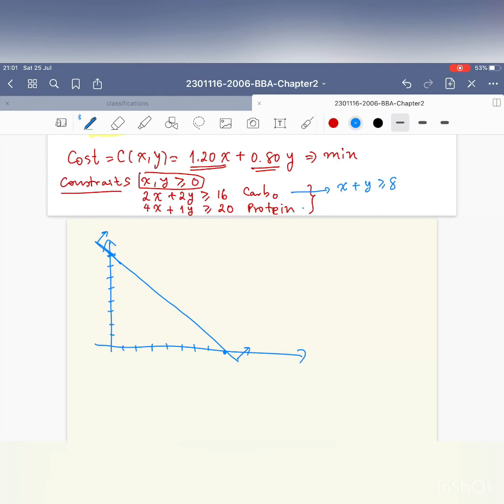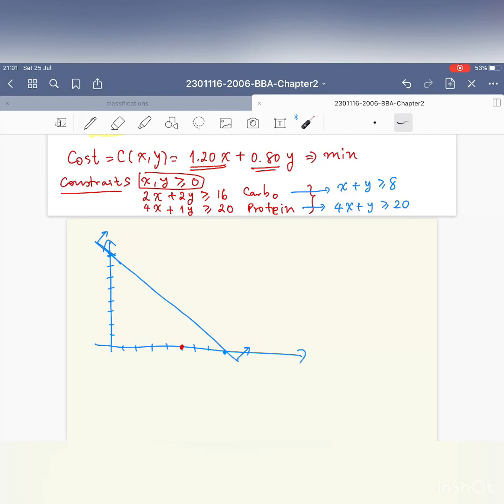Let's look at your second one. Your second one can be simplified to 4X plus Y greater than or equals to 20. If your Y is 0, your X is 20 over 4, which is 5. And if your X is 0, your Y is 20.